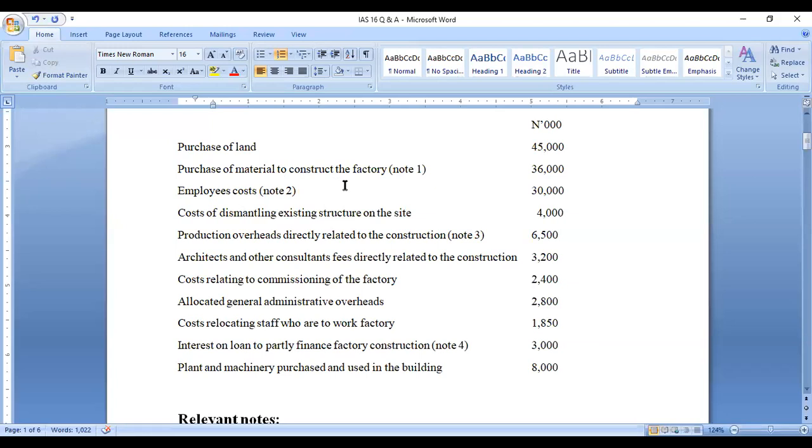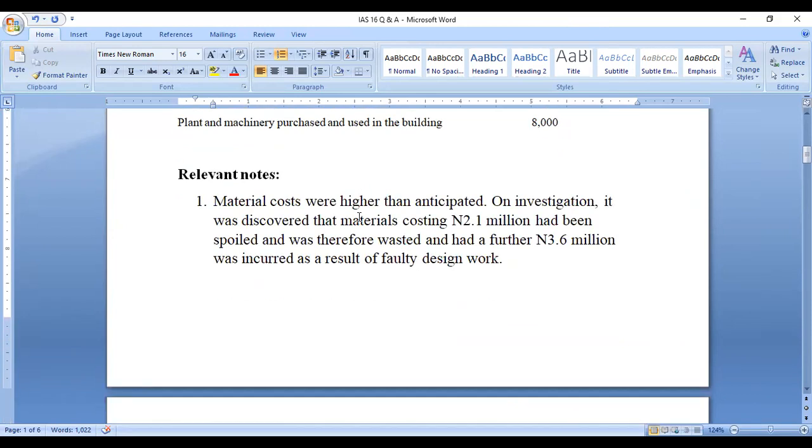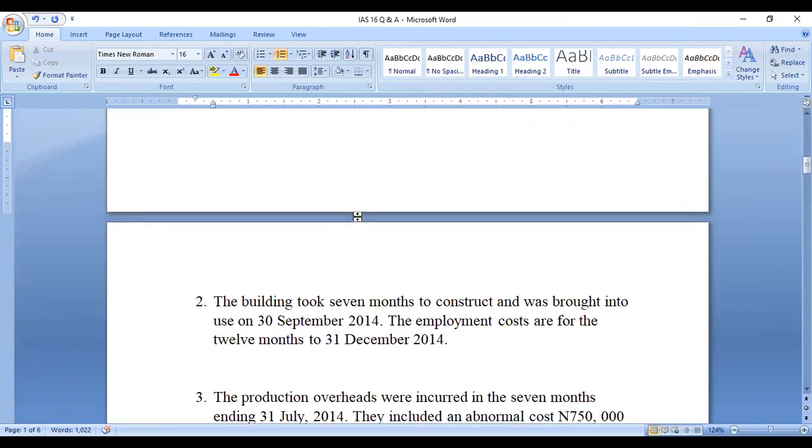Okay, so employee cost. The employee cost here is 30 million, and there is additional information to this effect, note 2. The building took 7 months to construct and was brought into use on 30th September 2014.